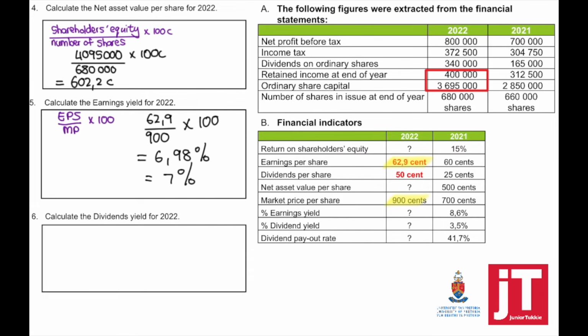To calculate the dividends yield for 2022, it's your dividends per share divided by the market price times 100. Your answer is in percentage. The dividends per share was calculated as 50 cents. The market price is 900 cents. So 50 divided by 900 times 100 is 5.6%.